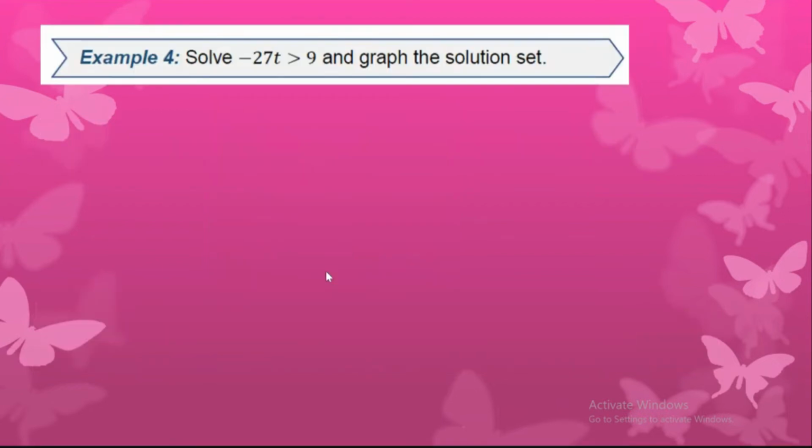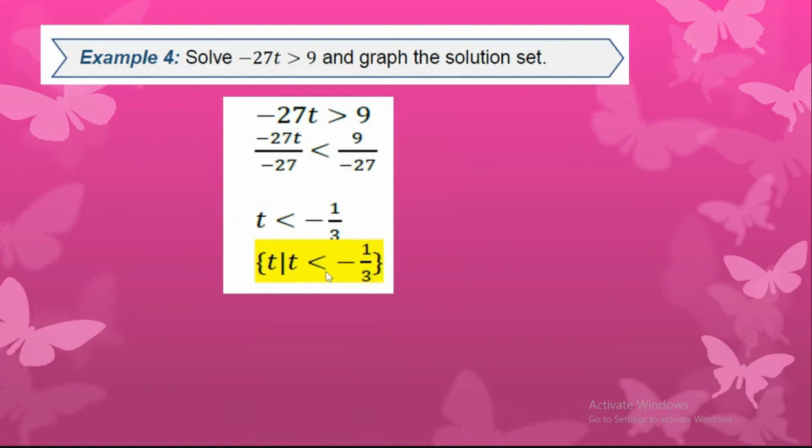Another example, solve negative 27t is greater than 9 and graph the solution set. So again, we have the inequality negative 27t is greater than 9. Take note, a number followed by a variable implies a multiplication operation between them.